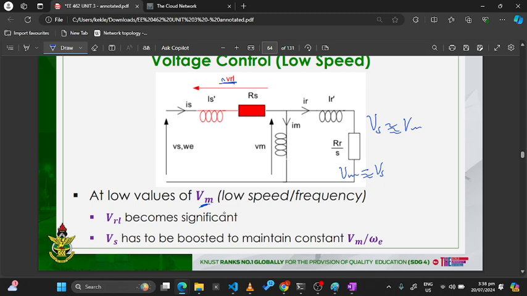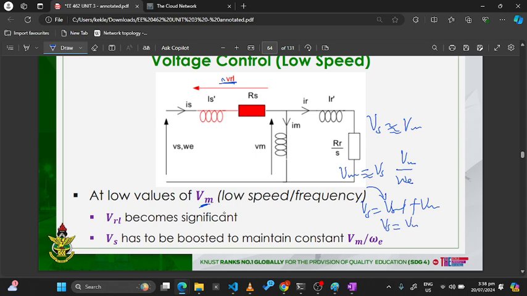So what happens is at low speed or frequency, you have to boost the voltage. Okay, still we want Vm over omega E to be constant. But Vs is now equal to VRL plus Vm.